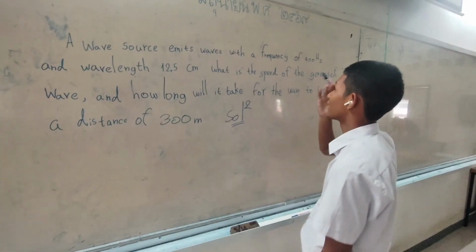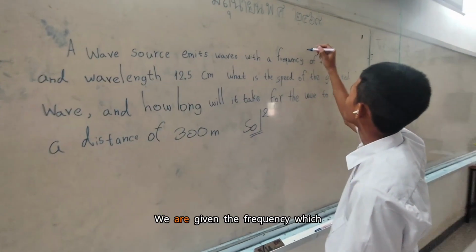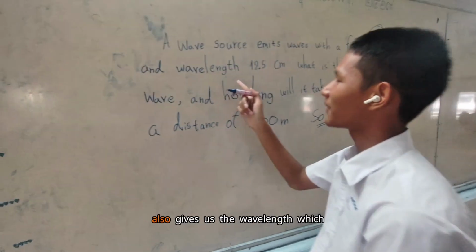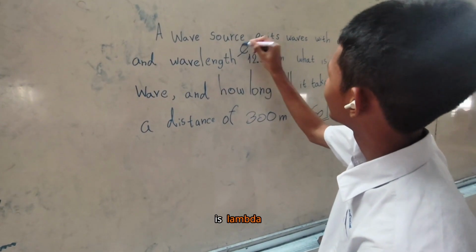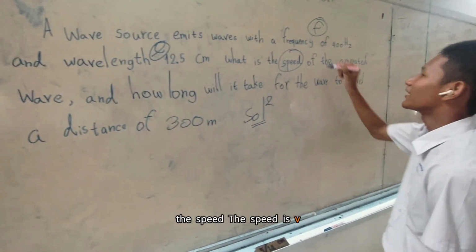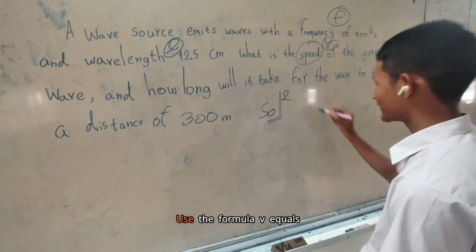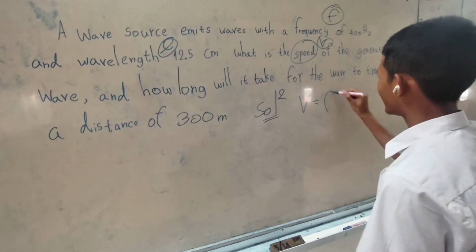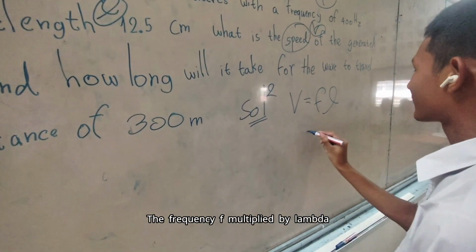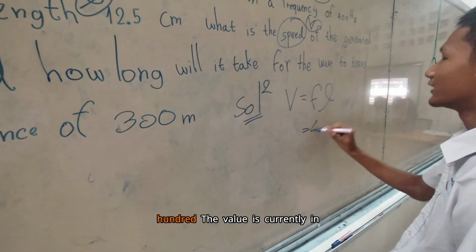The problem gives us the frequency, which is f, and the wavelength, which is lambda. The problem asks for the speed, v. Use the formula v equals the frequency f multiplied by lambda, which is equal to 400.